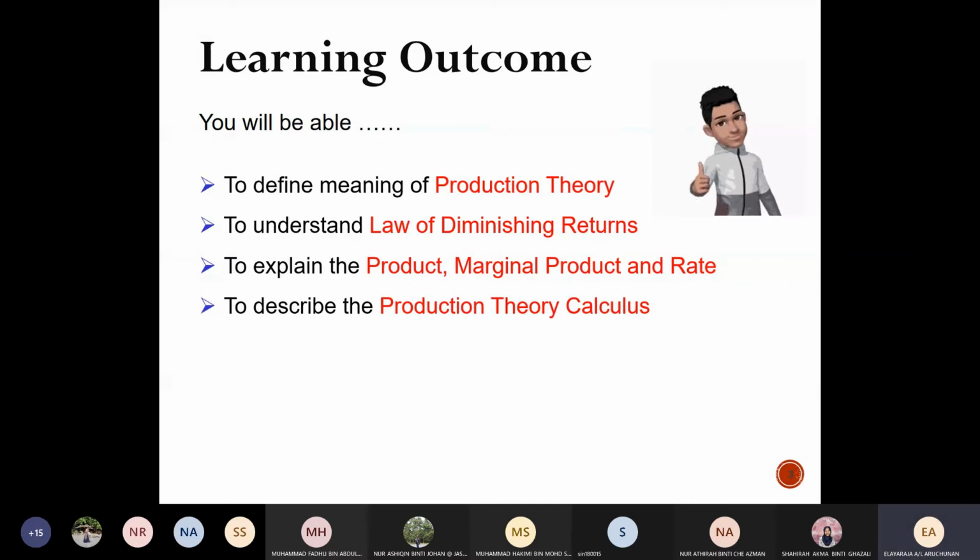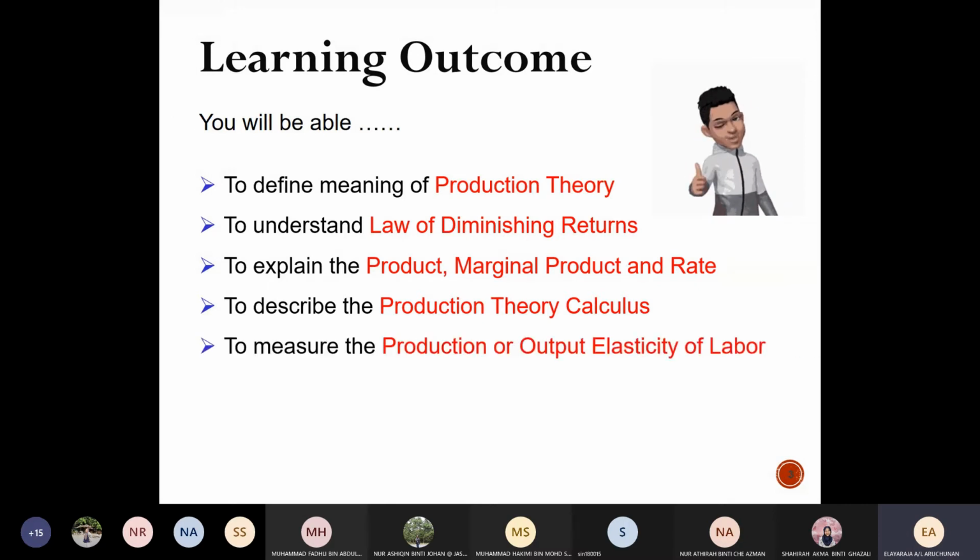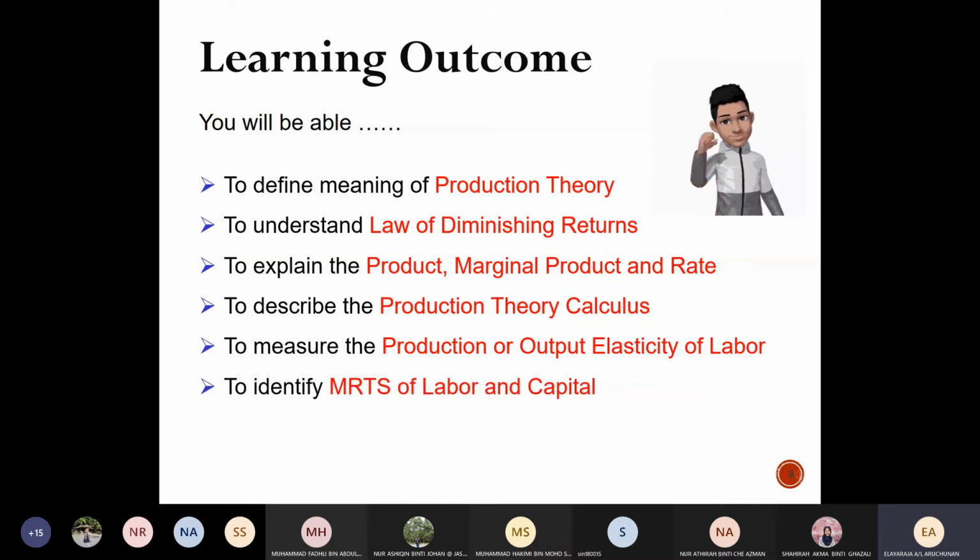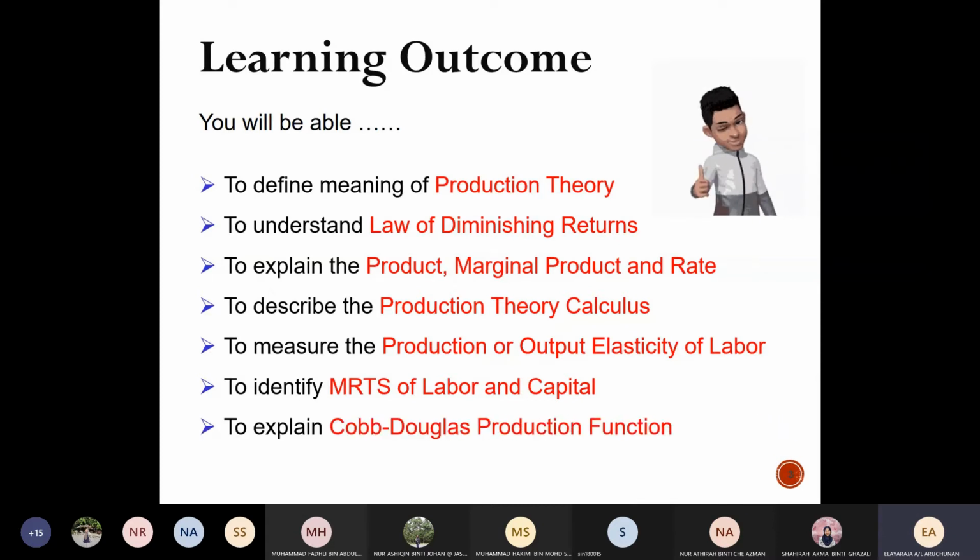Then you'll be able to describe production theory calculus, and measure the output elasticity of labor. You will also identify the MRTS of labor and capital, and at the last, explain the Cobb-Douglas production function and its application.